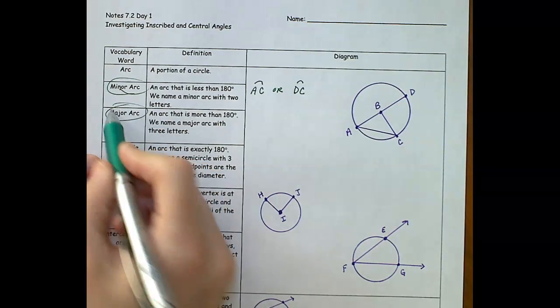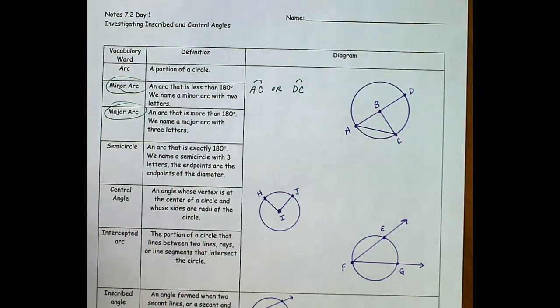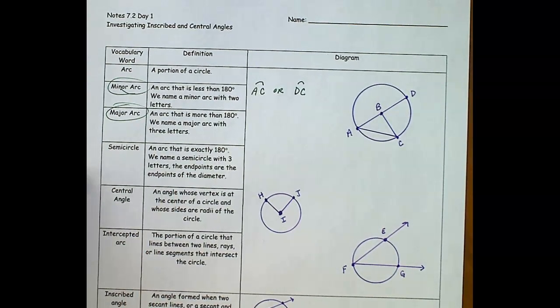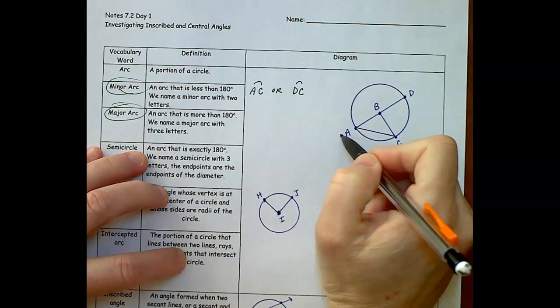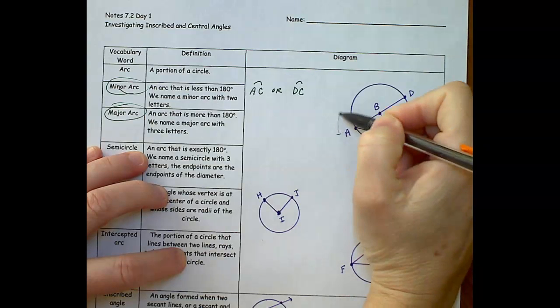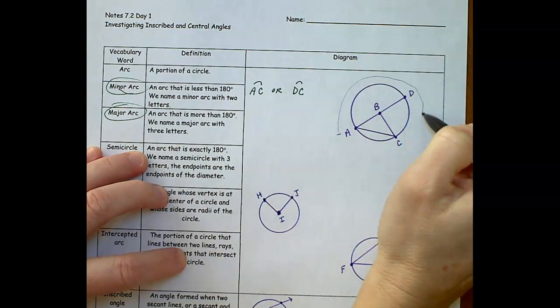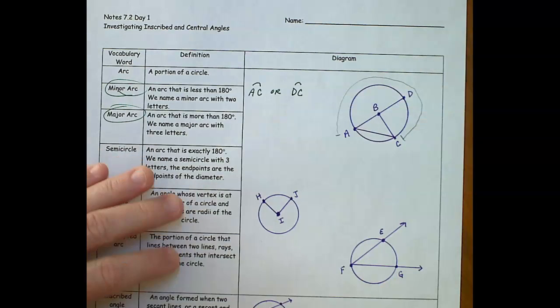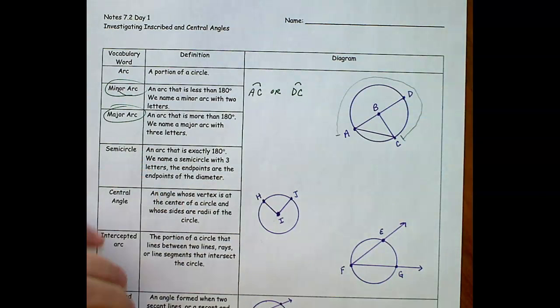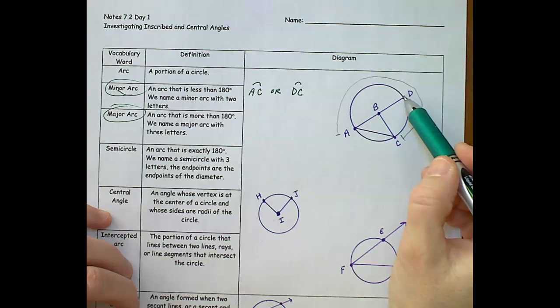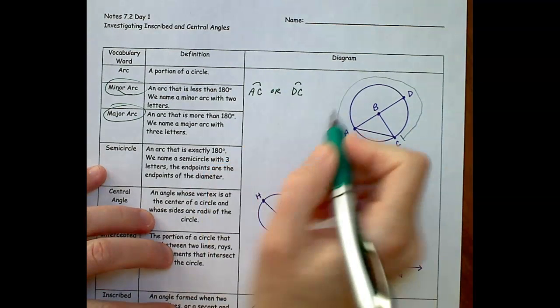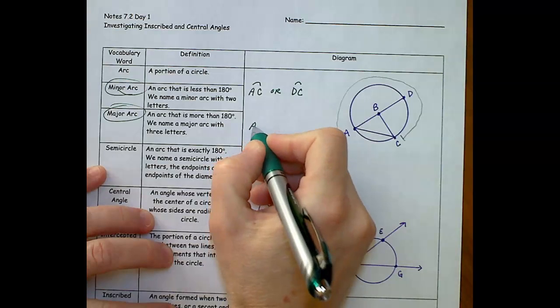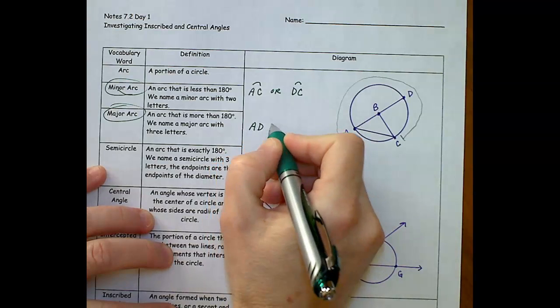Next we have a major arc. Think about a big arc. That's the one that's going to be bigger than 180 degrees. It's very important that we use 3 letters so you know the direction we're going. Let's say I start at A and I swing all the way around and I stop at C. That's a major arc because we went past the 180 and we went towards C. So how we would label that would be arc ADC.